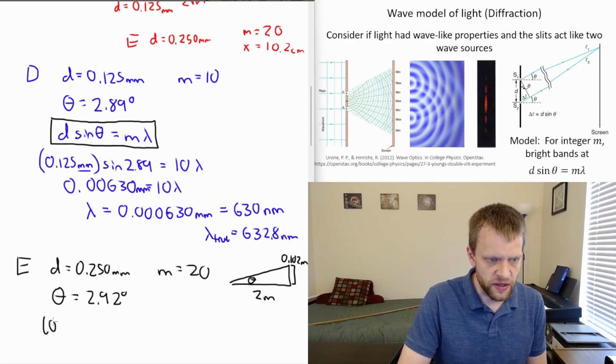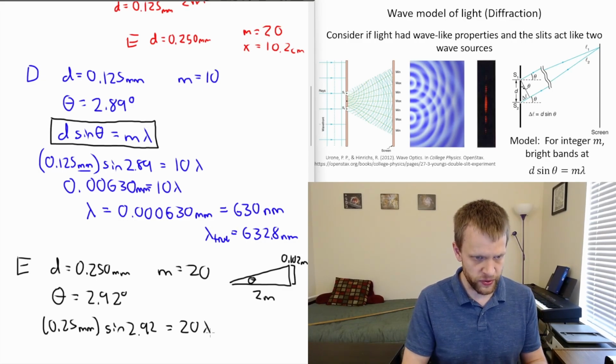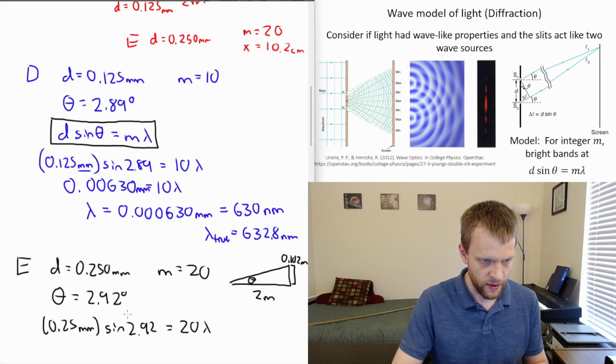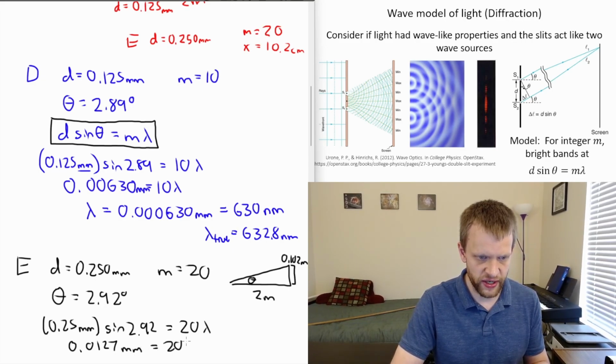That's going to be 0.25 millimeters times the sine of 2.92 equals 20 times that wavelength. So 0.25 times the sine of 2.92, I got 0.0127 millimeters equals 20 times the wavelength.